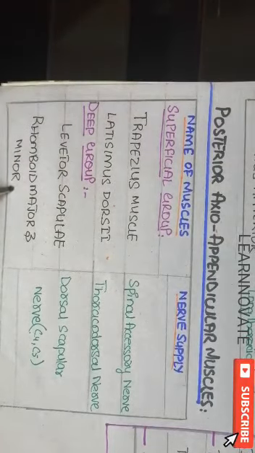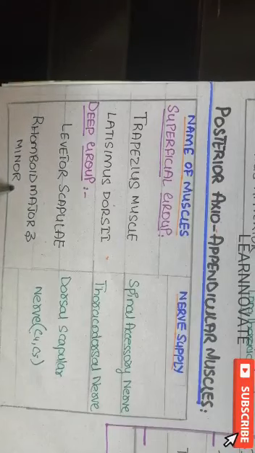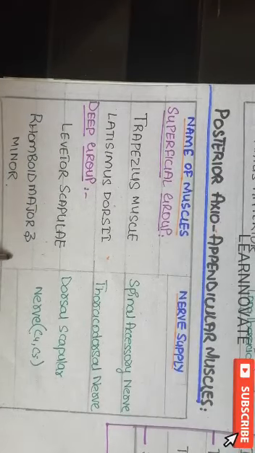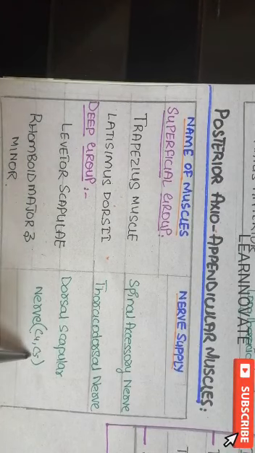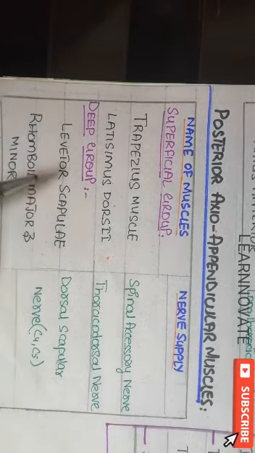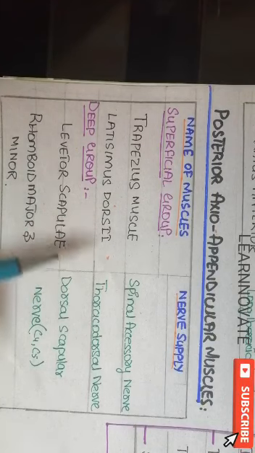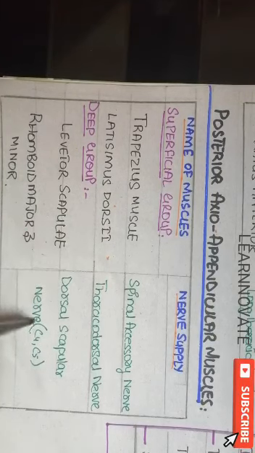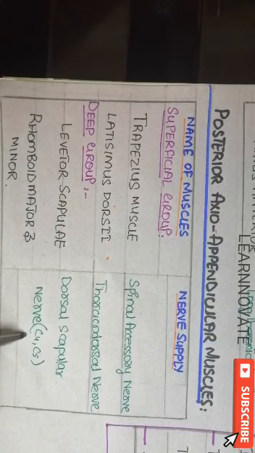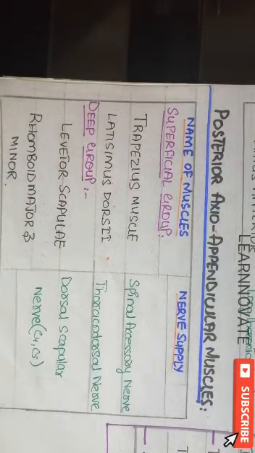These are also supplied by the dorsal scapular nerve that supplies the levator scapulae. So the deep group of posterior axio-appendicular muscles are supplied by the dorsal scapular nerve, which comes from the C4 and C5 roots of the brachial plexus.